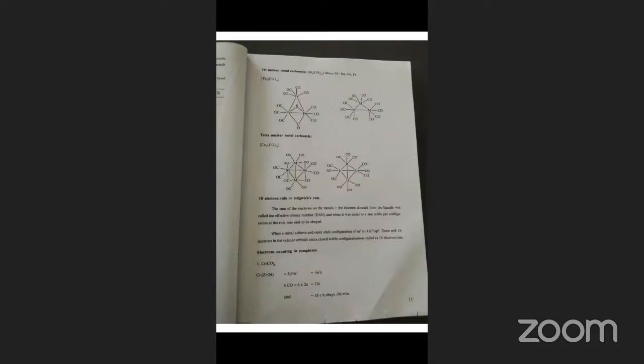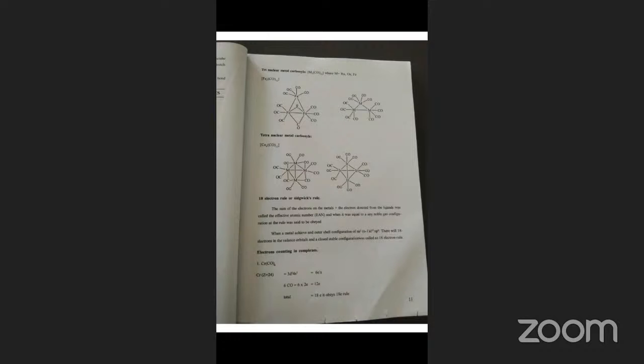Okay. Then in this topic we were discussing yesterday the 18 valency electron rule. What is the 18 valency electron rule? The number of electrons present in the outermost shell of the metal atom plus the ligand-donated electrons.